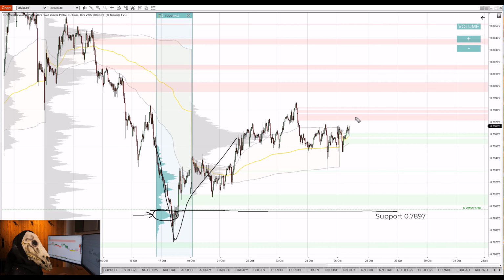So right now I'm waiting for the pullback, and if it occurs, then I'm going to go long from there, right? Because the buyers from here are likely to become active again, defend this place, which is clearly important for them because it was important for them in the past as well. So I'm waiting for the pullback here, and then I'll go long from there.